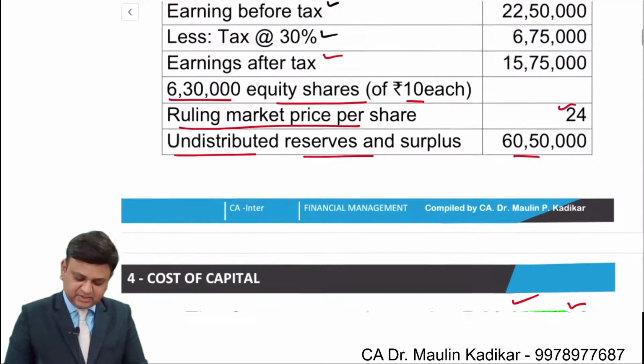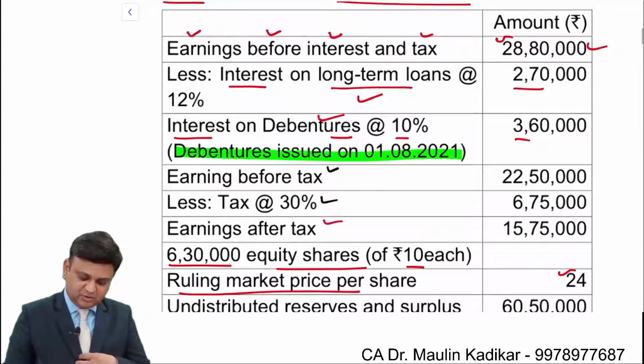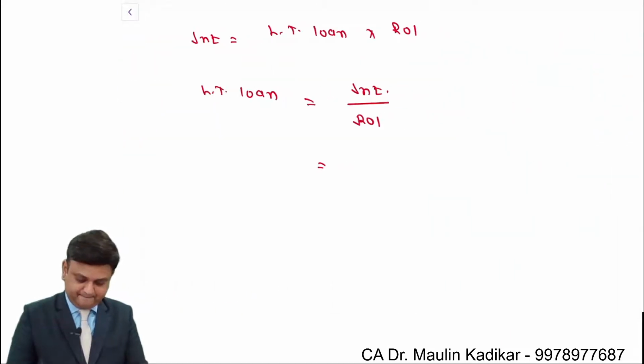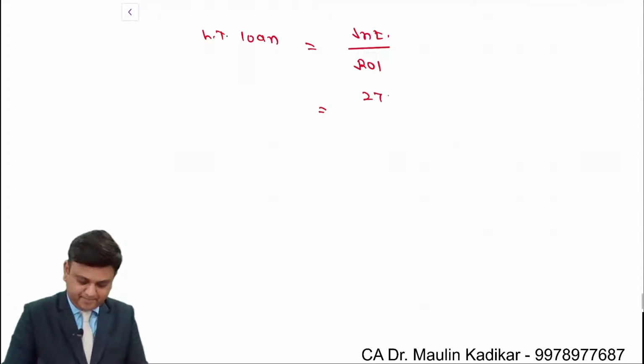The amount of interest given to us is 2,70,000 and the rate of interest is 12%. So 2,70,000 divided by 12%.